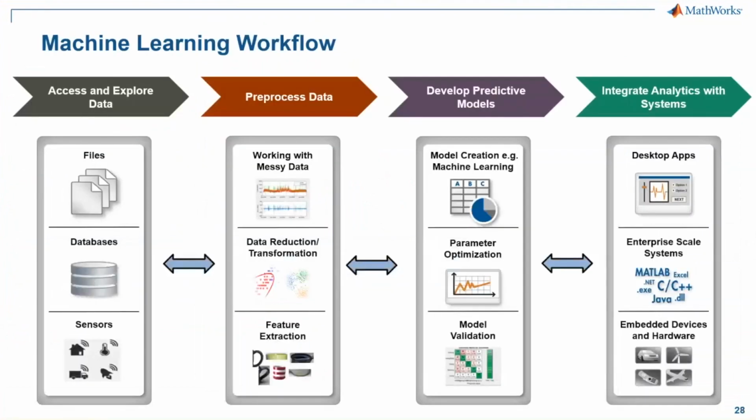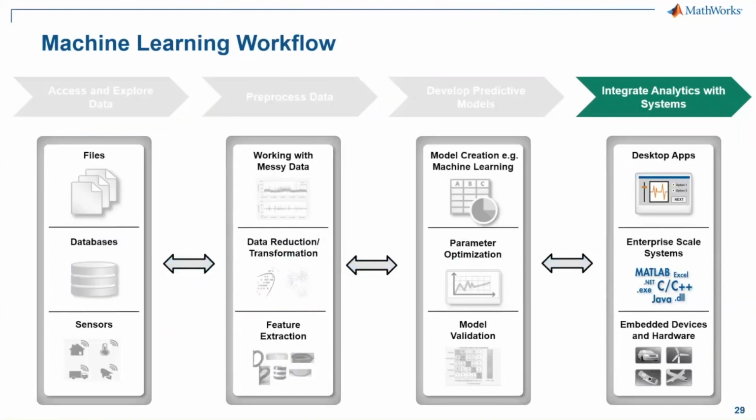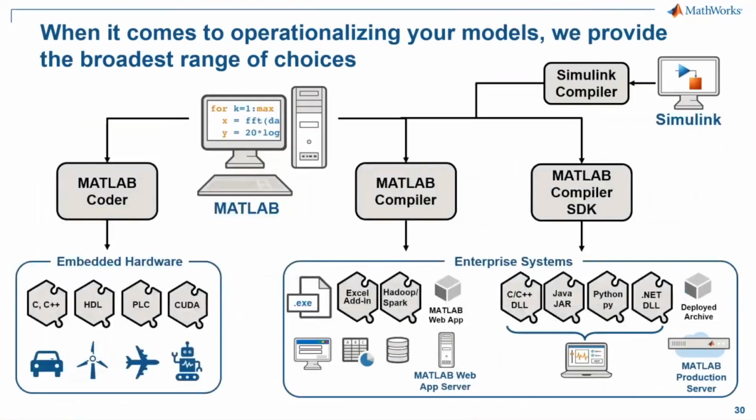And we also talk about this being a workflow, right? We cover every step except the last one. So if you're interested in this last step, there are a lot of resources. So I'm sharing here some of the options. For example, we can generate code from MATLAB, translate it, let's call it that way, into C or C++ or CUDA if we're working with GPUs, right?